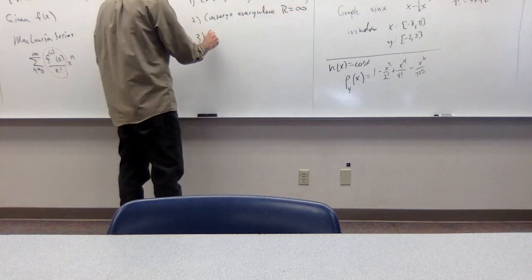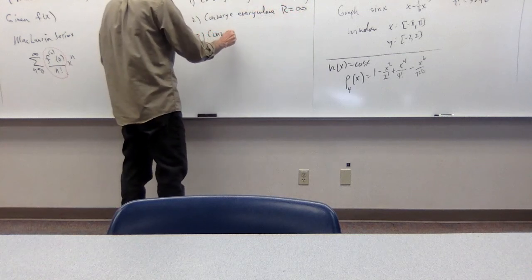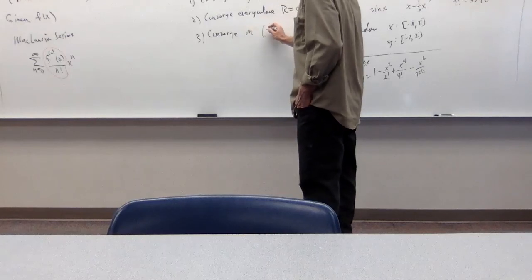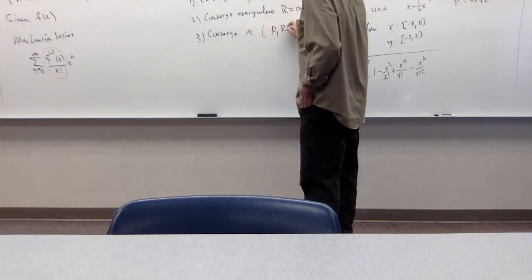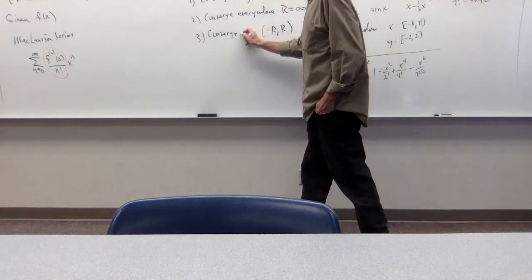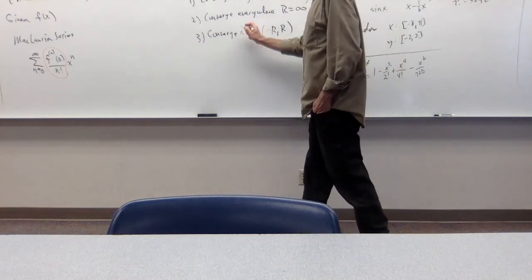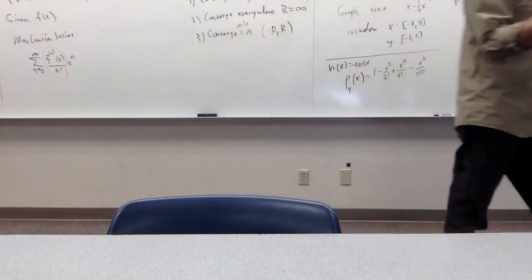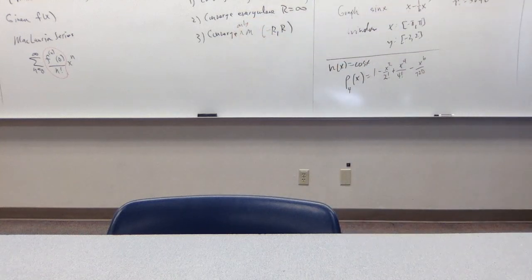Or what's the 3rd possibility? They converge on an interval, minus r to r, only. There's a finite value of r. On the exam, actually the morning and afternoon had different classes. The first power series, I think for you it was -3 to 3.